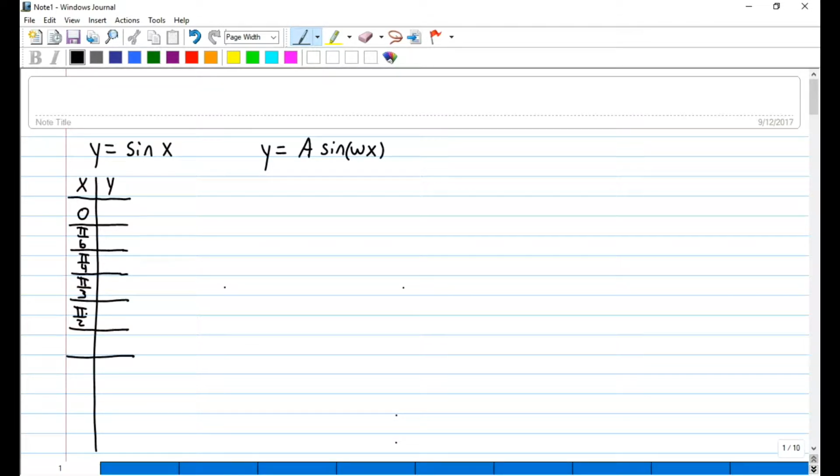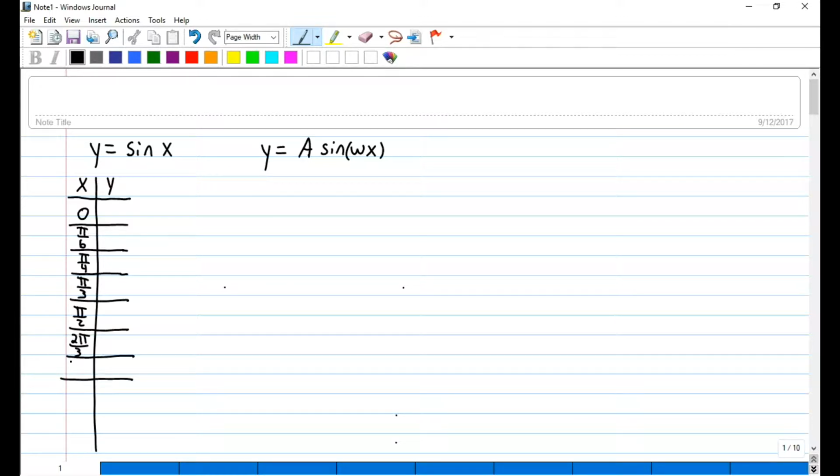All right, and so then what would come next? Would it be 5 pi over 6, or would it be 2 pi over 3? 2 pi over 3 would come next if we're going around the unit circle.